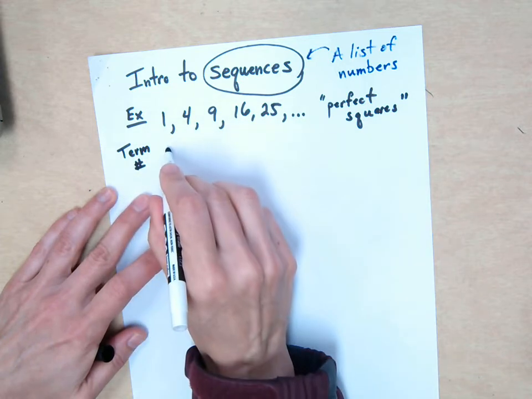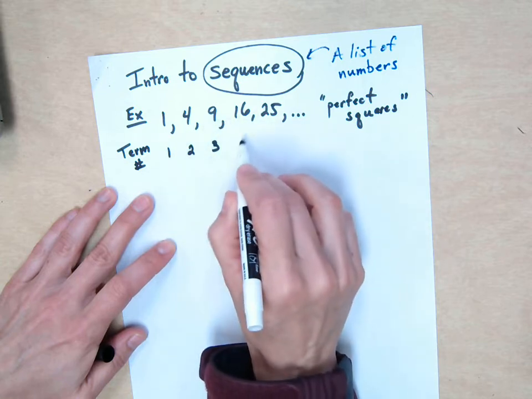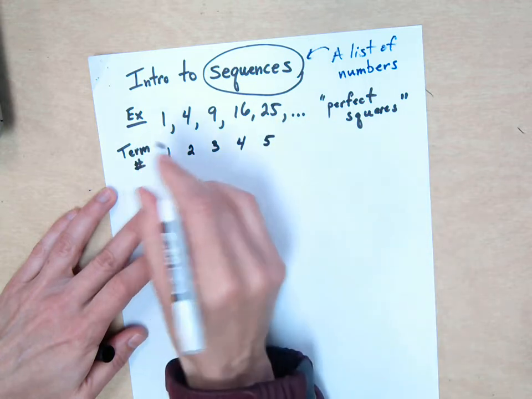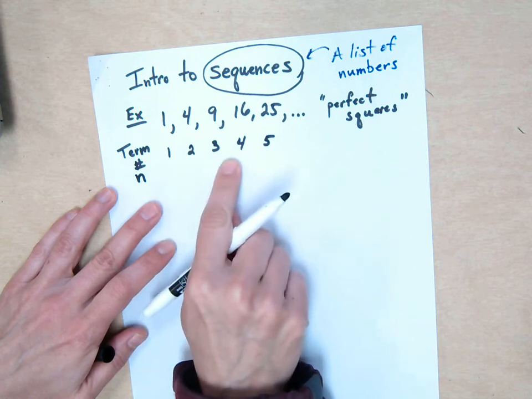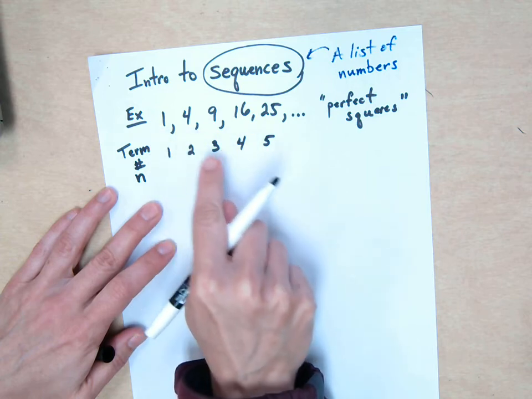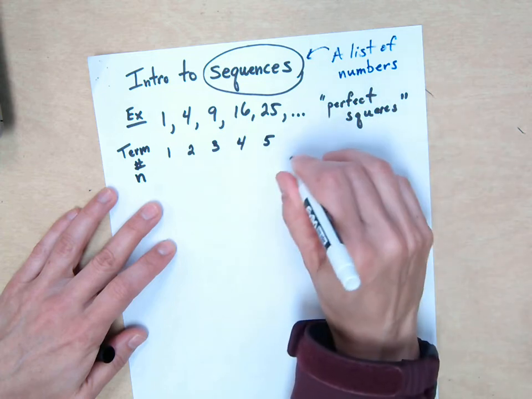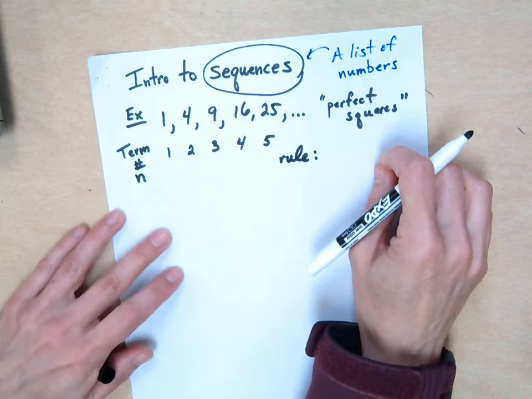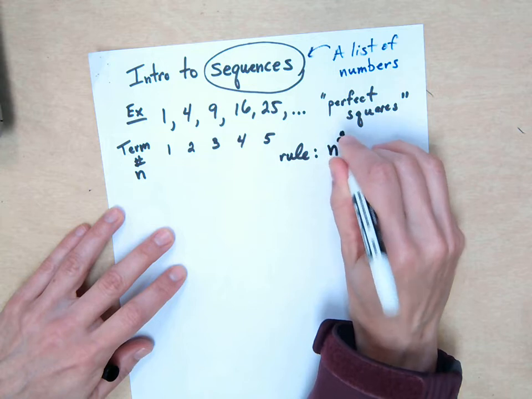So this is the first term, this is the second term, the third term, the fourth, the fifth, and you can see that if the term number is n, you would take the term number and square it to get the actual number in the sequence. 1 squared is 1, 2 squared is 4, 3 squared is 9, 4 squared is 16, etc. So you could write a rule saying that you do n squared.